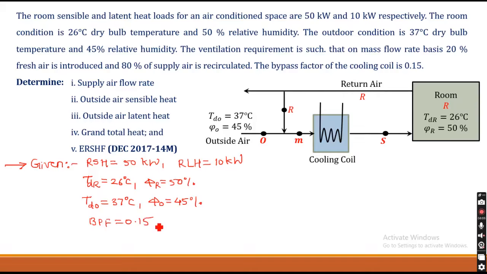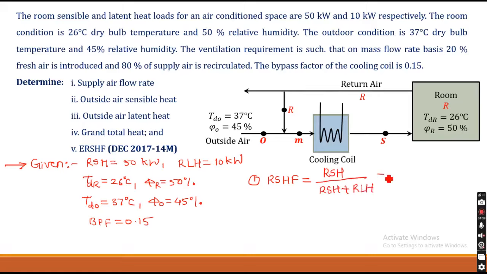So the very first thing that we can determine is room sensible heat factor. The reason is that we have room sensible heat and room latent heat. It is the ratio of room sensible heat upon room total heat, so room sensible heat upon room sensible heat plus room latent heat.